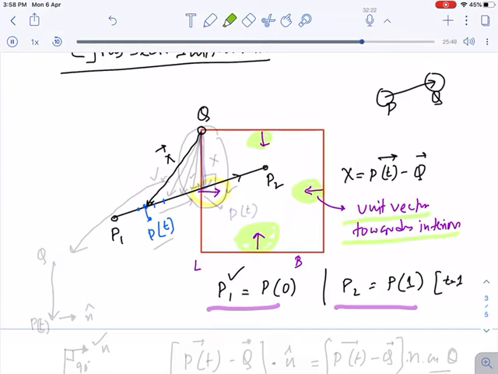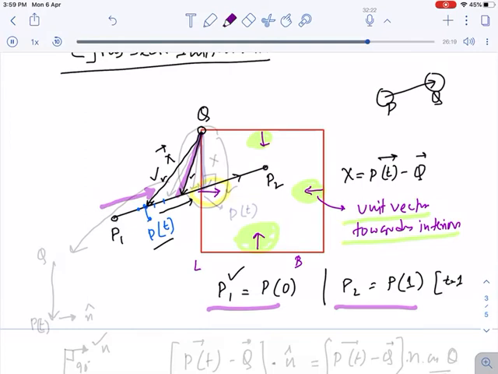Now, this vector Pt minus q, this one x, I am gradually going towards the interior of the window. So from here to here I am gradually going inside along the line with different values of Pt.